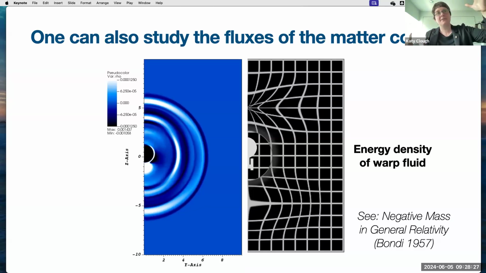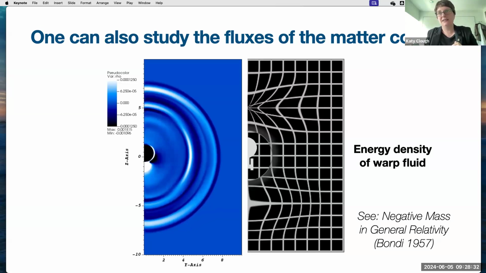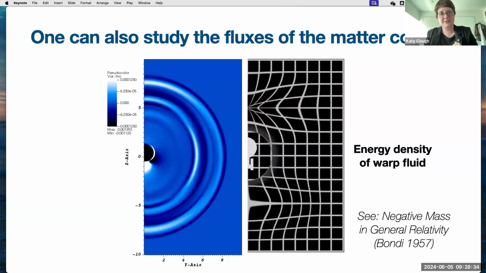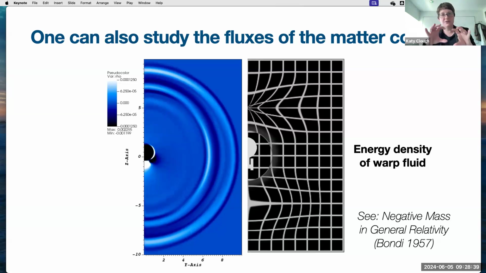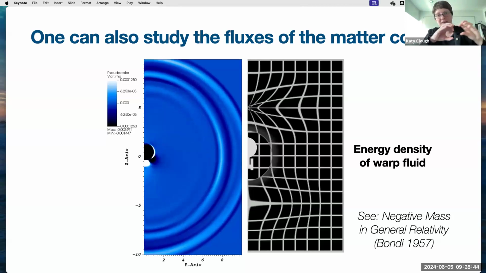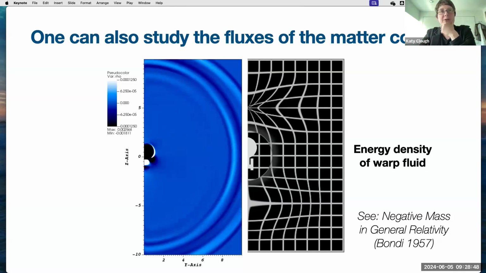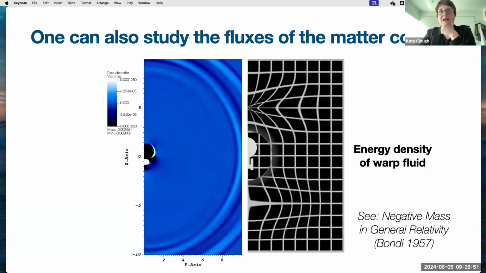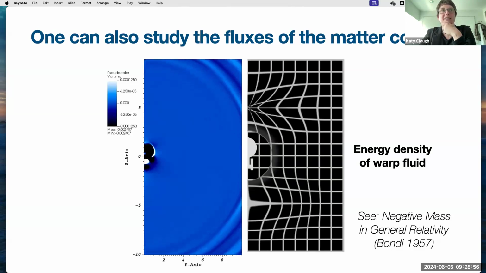This is consistent with something that was proposed already by Bondi in 1957, a long time ago, where he was studying what would happen with negative and positive masses, and the fact that they would attract and repel each other in a way that would accelerate them away, leading to them pushing each other along. This is reminiscent of that effect. I can play it again.